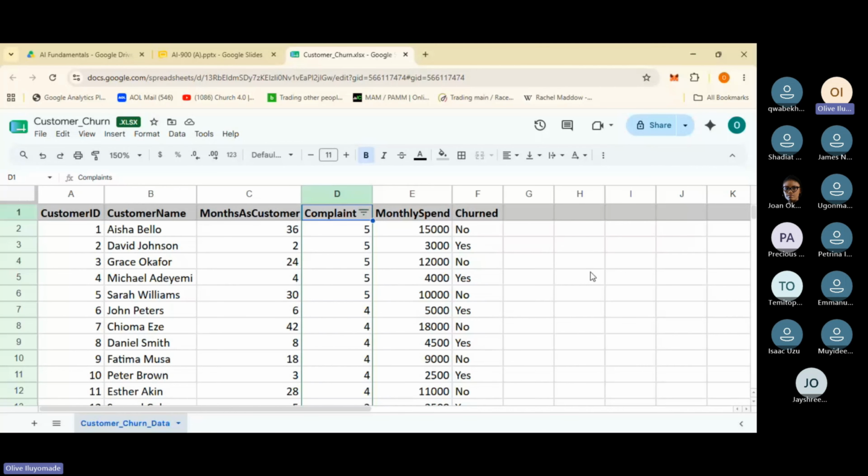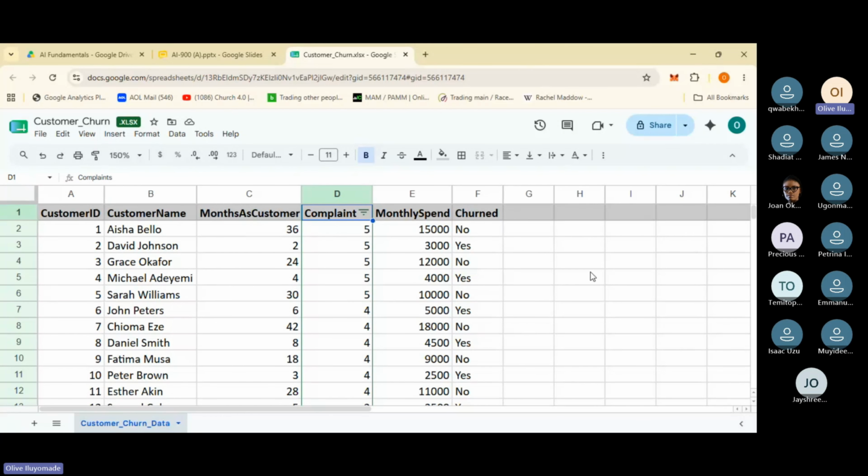As Precious, you said, people don't complain, but in this kind of data, there are some Nigerians that may complain. So a company that is serious about their business wants this kind of information. Okay, thank you so much. So Precious has chosen David. Does anybody want to choose anybody else?